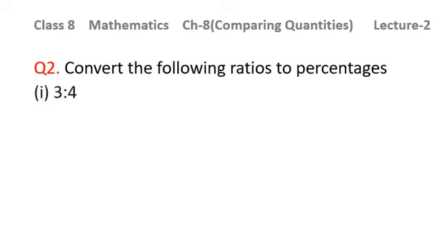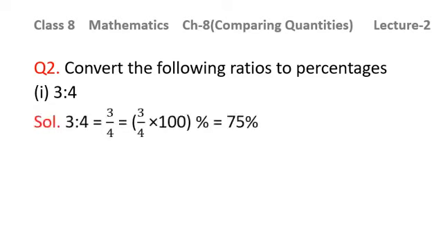Coming to question number 2. Convert the following ratios to percentage. Children, I have explained this topic with the help of an example, so here I have taken only one part of this question. The other part you are supposed to do on your own. The part is 3:4. We need to convert 3:4 into percentage.